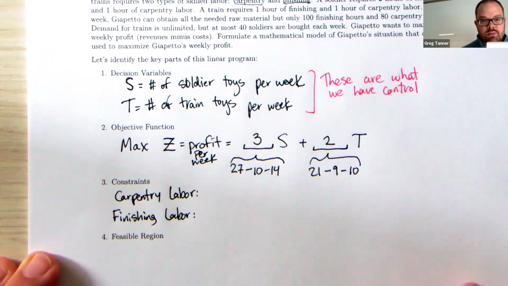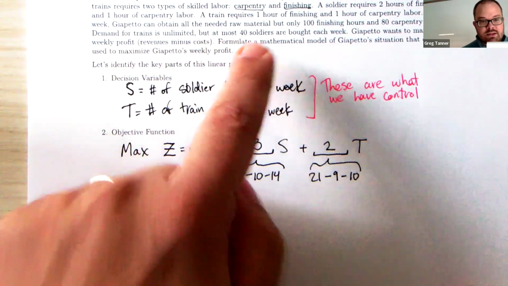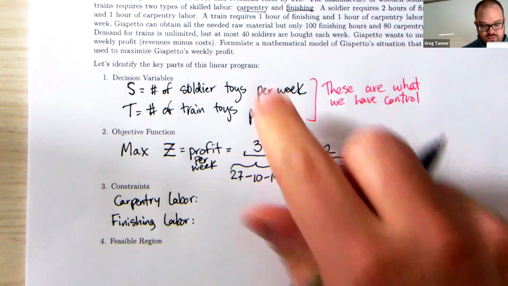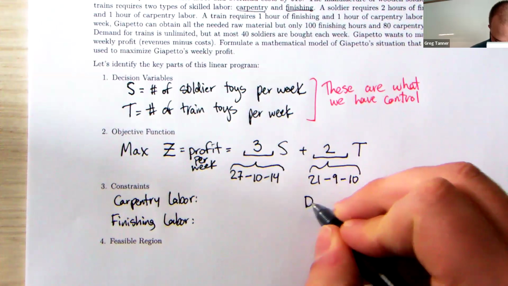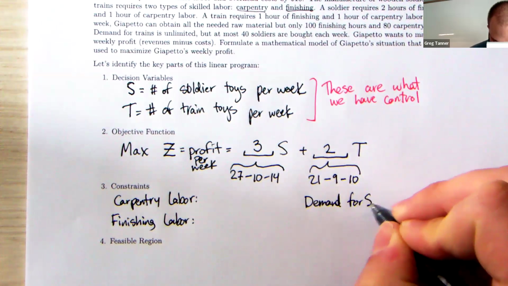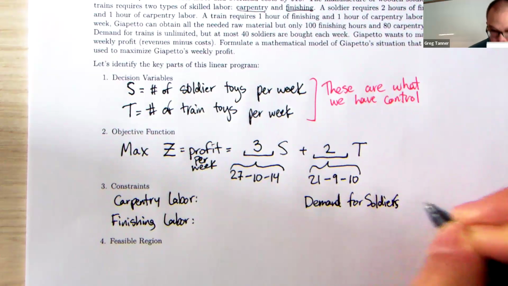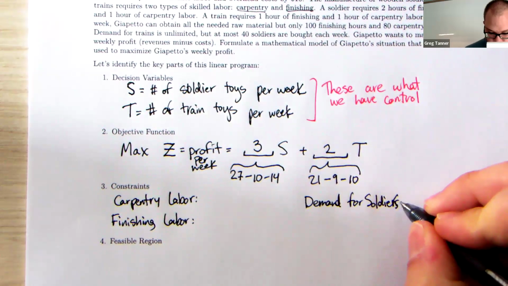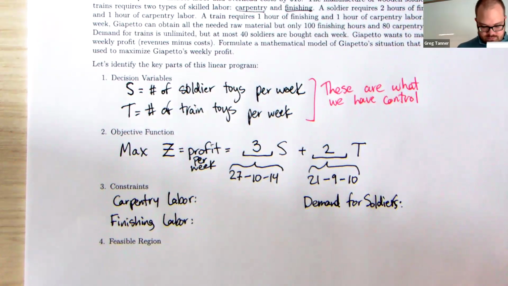And then if we read the problem, demand for trains is unlimited, but there's a limited demand for soldiers. Even if we made more soldiers, at most 40 soldiers are going to be sold. So we'll have another one here, which is demand for soldiers. And then we're going to have another, but I'll save the last set of constraints for just a bit.